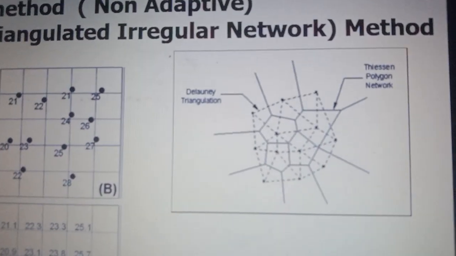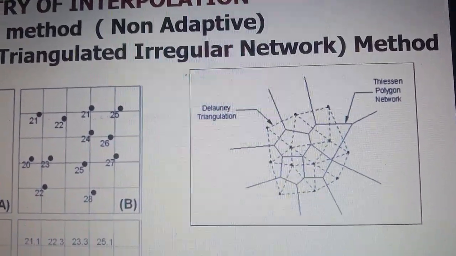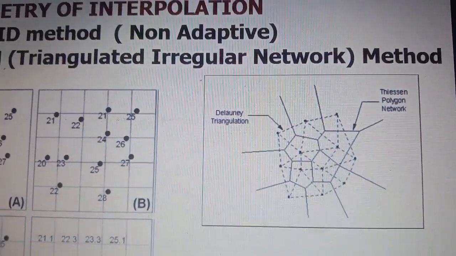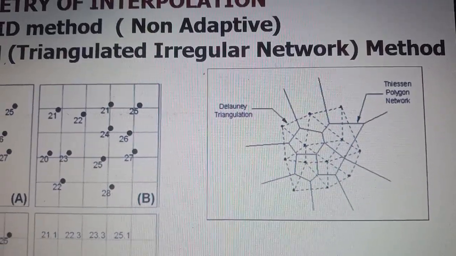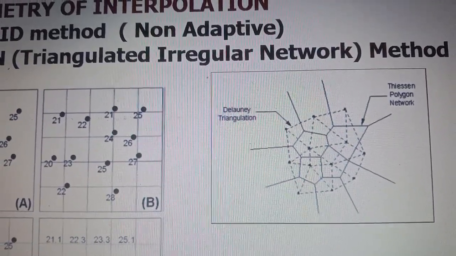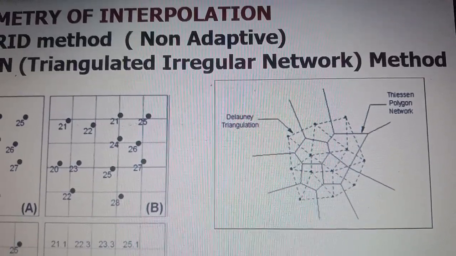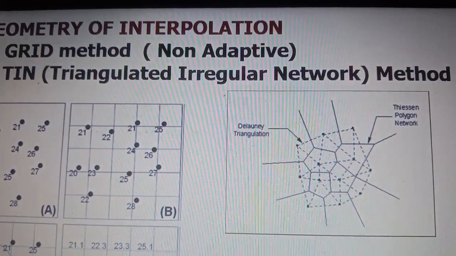On the right side, you see the TINs. There are two things. The black dots are the sample points, and you have to prepare theoretical and conceptual triangles. The triangle must be as close to an equilateral triangle as possible. So within the equilateral triangle, all values will be interpolated.